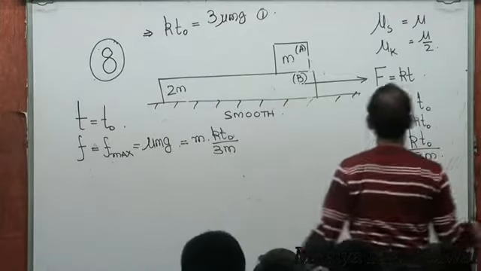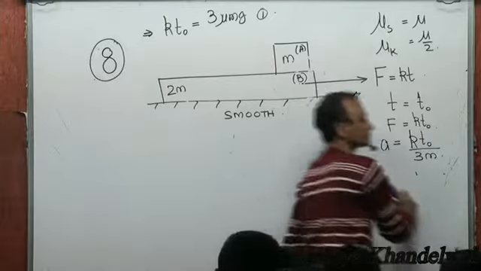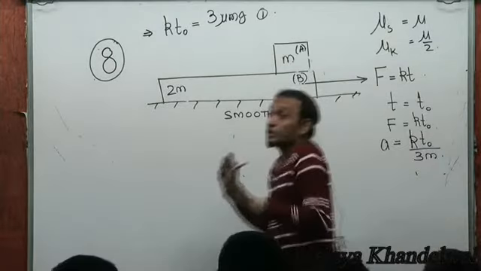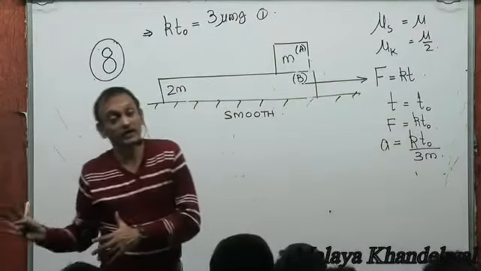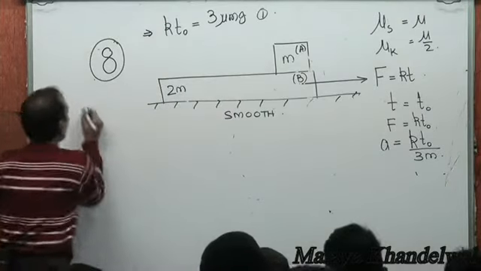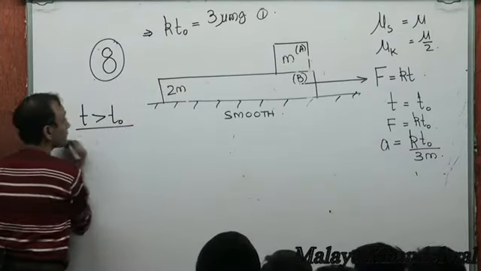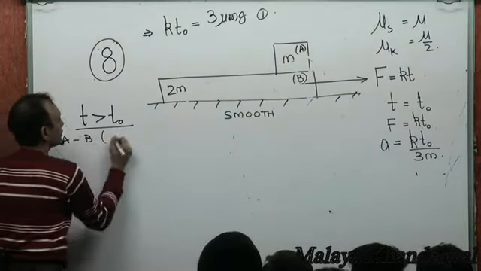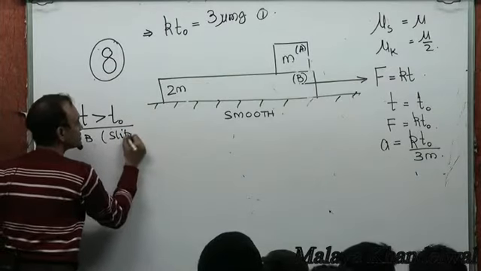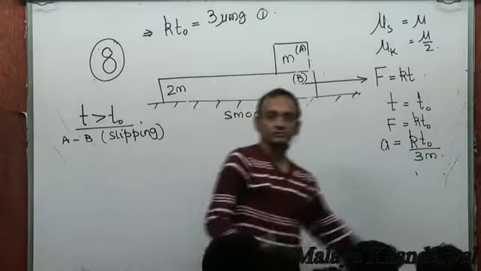Now let me remove the clutter. For t greater than t naught, A will slide over B. For t greater than t naught, A begins to slide over B. At the AB interface, there is slipping.